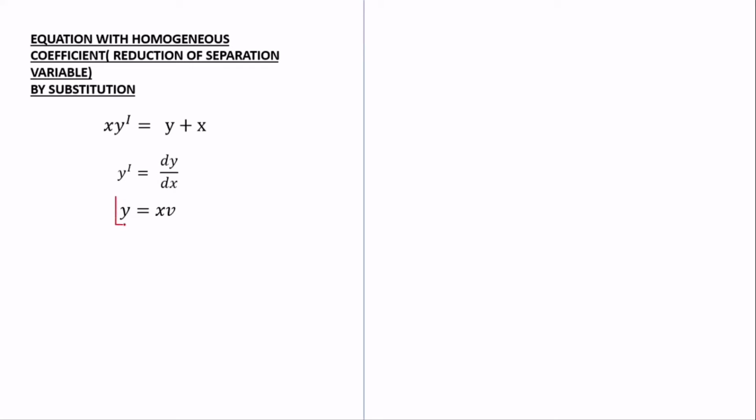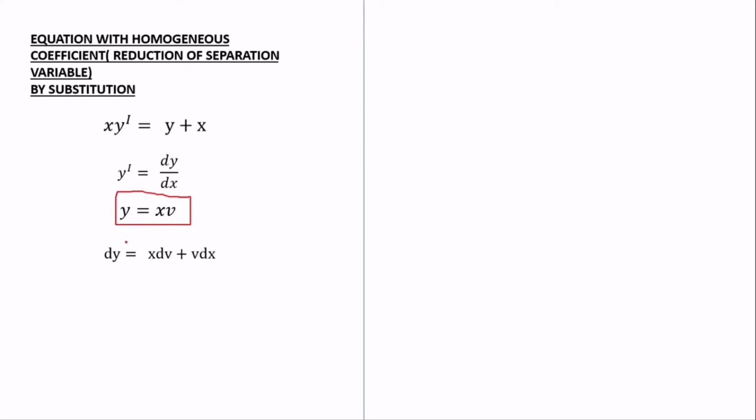You have to substitute y equal to xv. Y equal to xv. And this expression, you have to also substitute other stuff into the equation. So the simplest way of remembering all the substitutions is that the first one, remember y equal to xv.